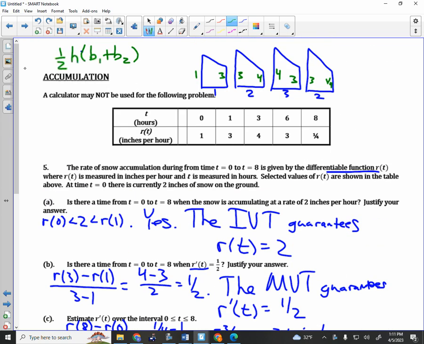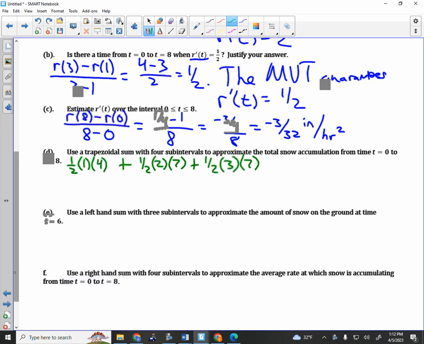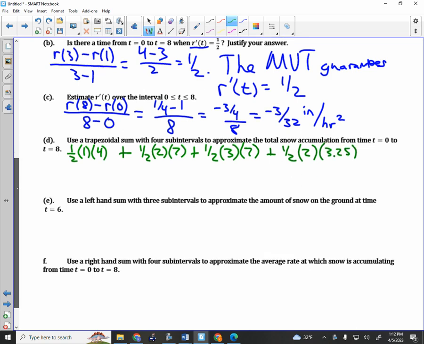So 1/2 times 1 times 1 plus 3. 1/2 times 2 times 3 plus 4. 1/2 times 3 times 3 plus 4. 1/2 times 2 times 3 plus a 4th. That's where we're at. 1/2 times 2 times 3.25.